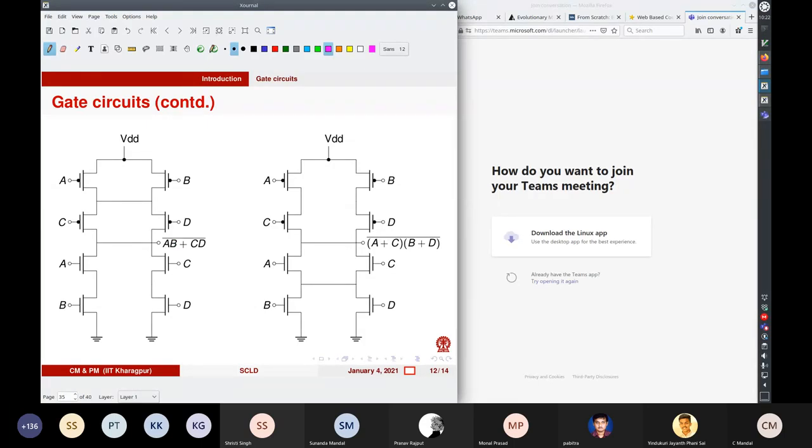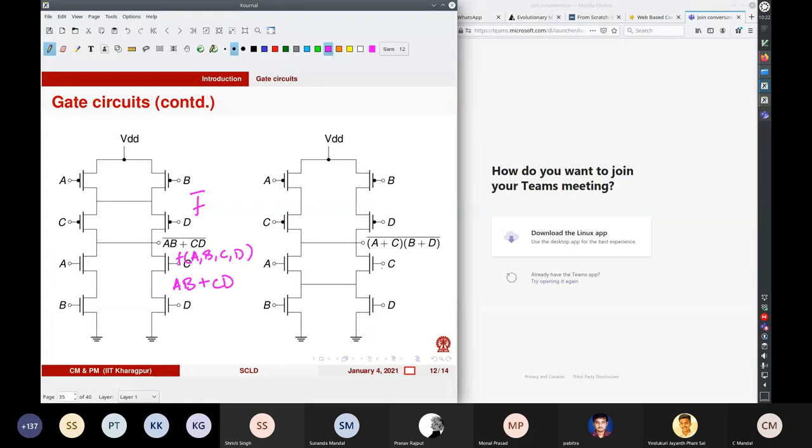So it realizes the invert of the AND-OR function. Here your function is F(A,B,C,D), it is AB or CD, so what you're realizing is F bar. Here, what is the function?